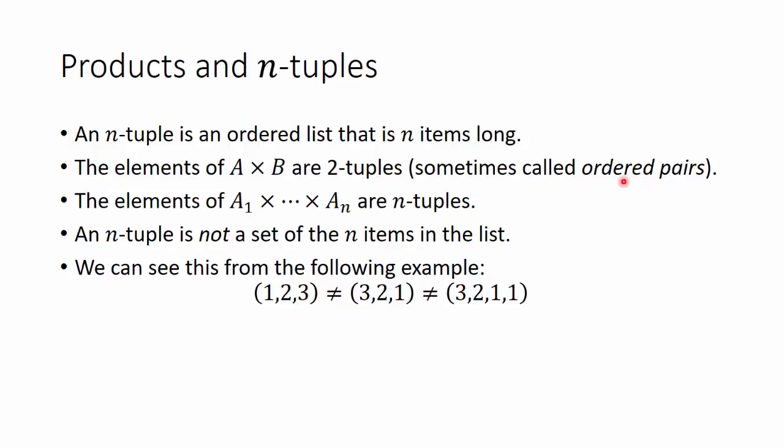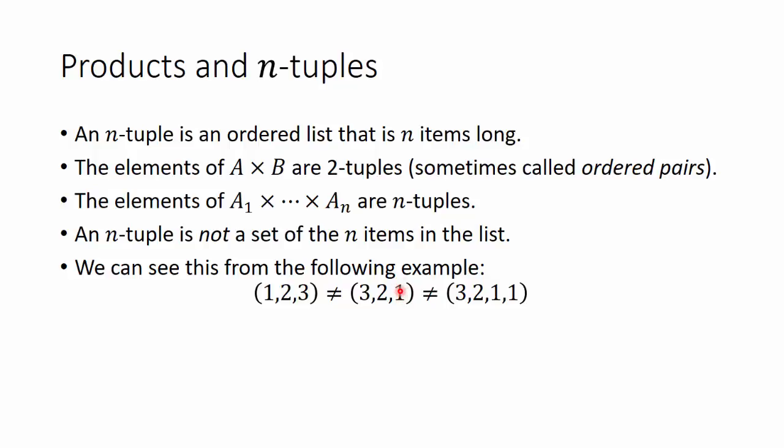We can see this from the following example. The 3 tuple 1, 2, 3 is not the same as the 3 tuple 3, 2, 1. That's because it is an ordered list, so the order in which things are listed matters.